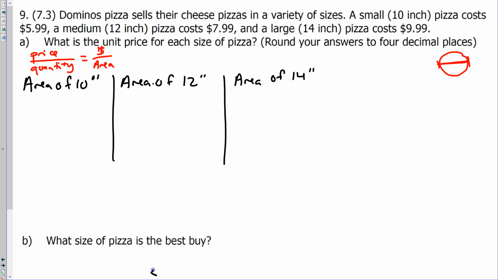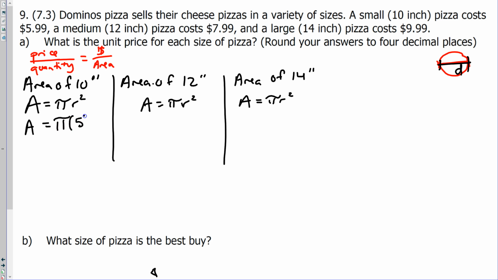So the area of a pizza is circular in shape, so really I'm calculating the area of a circle, which is pi r squared, and we're going to plug in the different radius measurements when we calculate these. So these are all involving the same formula. For a 10-inch pizza, 10 inches is the distance across, what we call the diameter. Our radius is actually half of that.